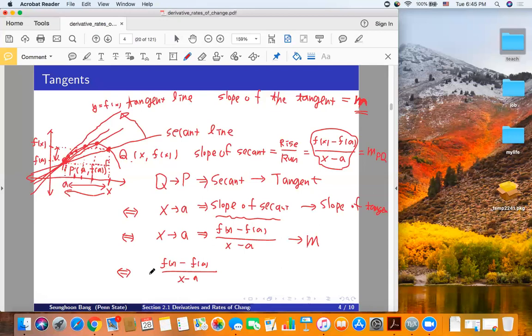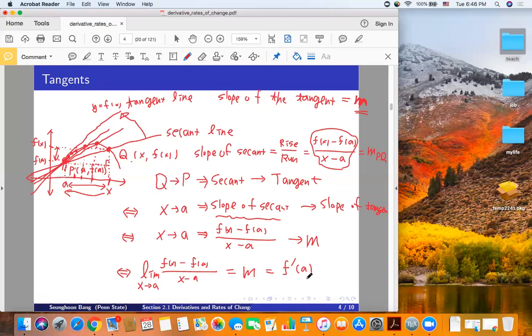What does it mean? The mathematical notation for approach is limit: approaches m as the x value approaches A. You can change it. So what's that? This is the same as f prime of A. This is the whole idea of finding the slope of a tangent line.